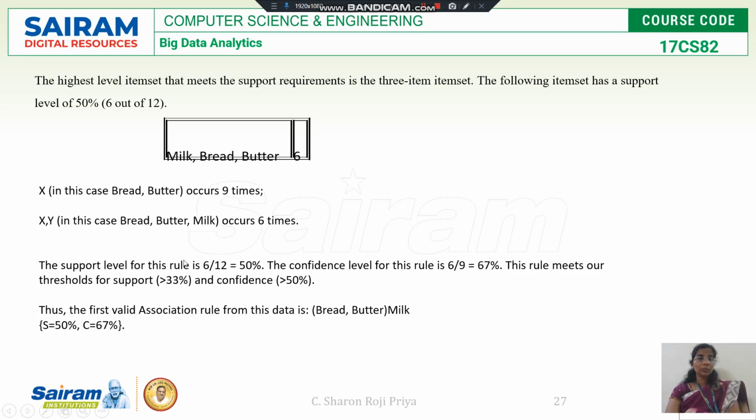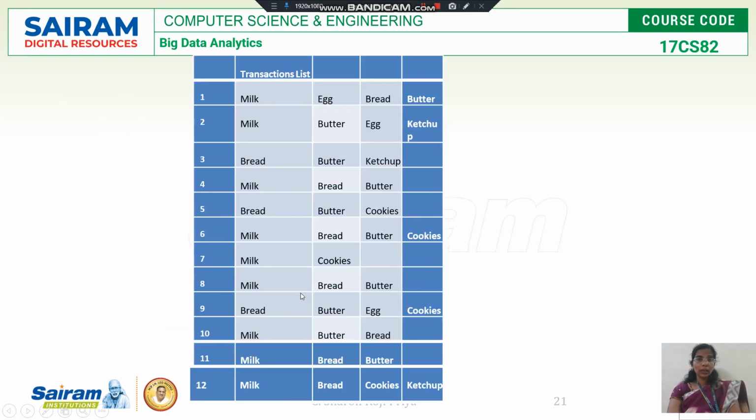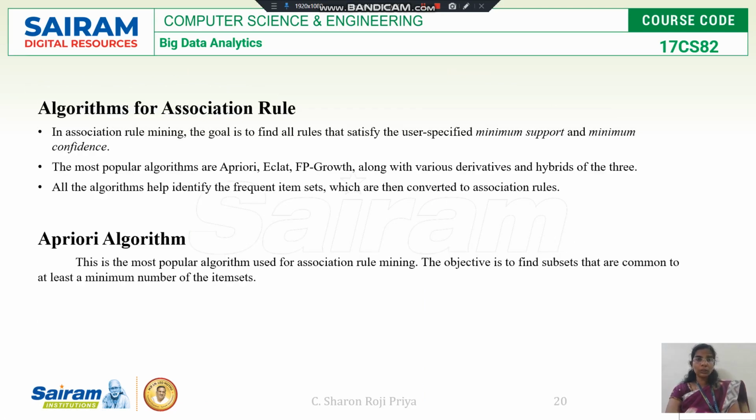But I have kept some user defined support and confidence percentages, 33 and 50. We have learned in association rules that the goal is to find all the rules that satisfy the user specified minimum support and minimum confidence.